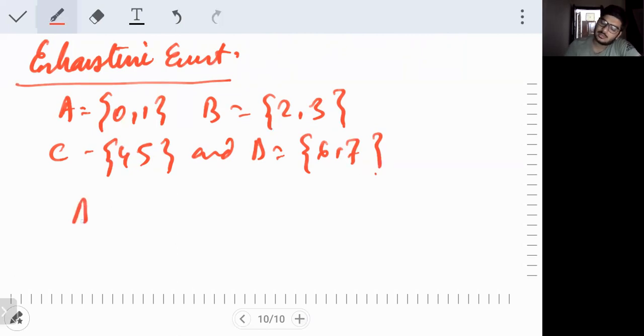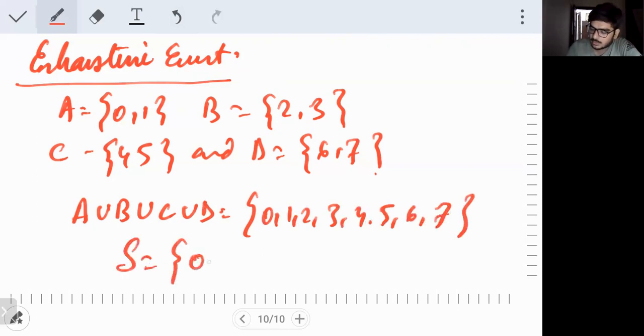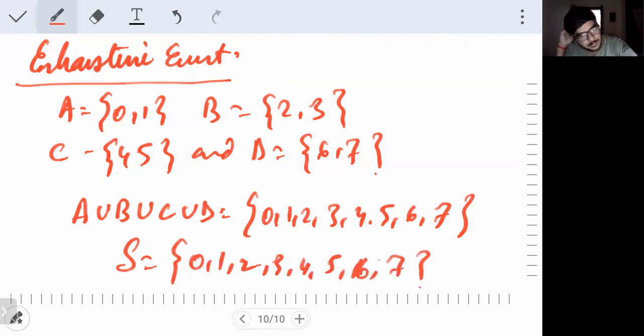So in this case A union B union C union D should be 0, 1, 2, 3, 4, 5, 6, 7. And this is our sample space, 0 through 7, right? This is called an exhaustive event, where nothing is left.